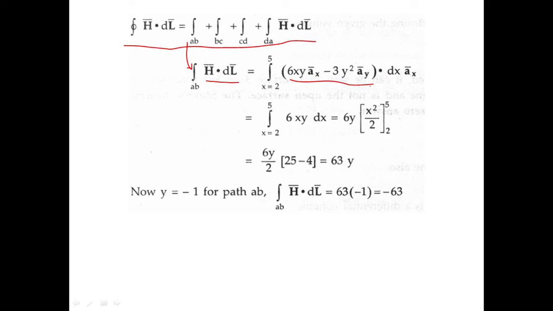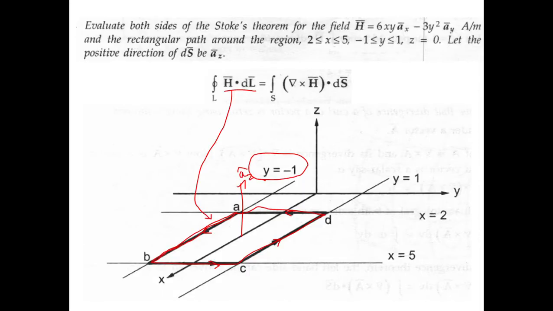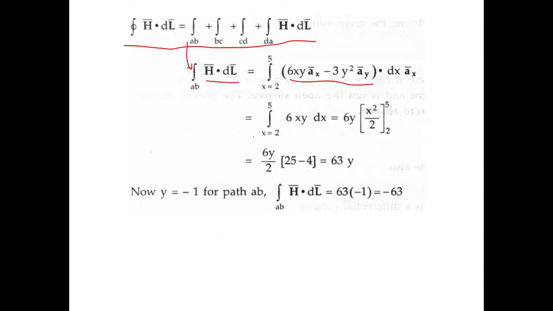For AB, what is dl? It is along the x direction. Positive x or negative x? It is positive x, so it will be ax cap. That is why we have dx ax cap here. I hope you understood how we took this dl.